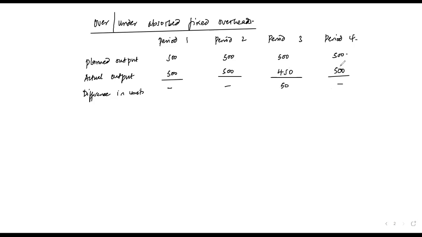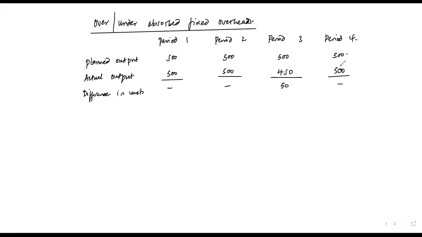Now, when you look at period 3, you will see that we have a difference of 50. The planned output was 500, but the actual output is 450. Now, what does this indicate?